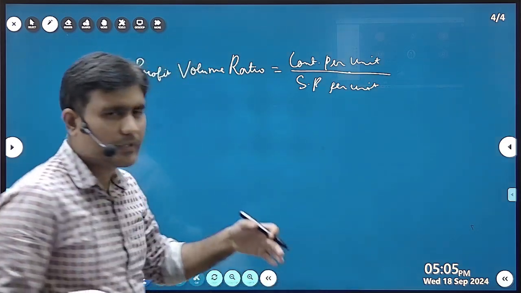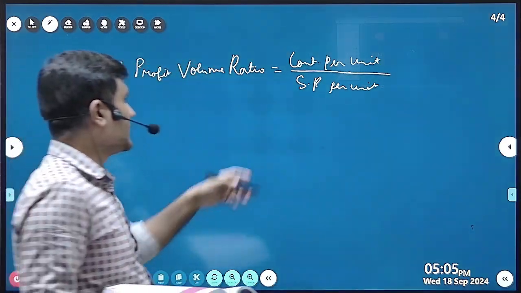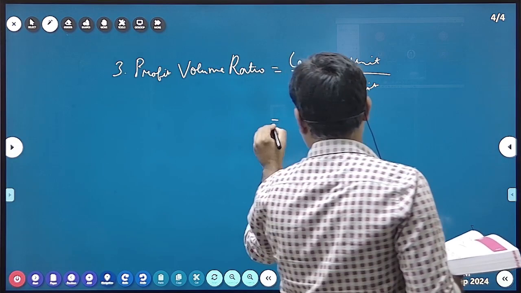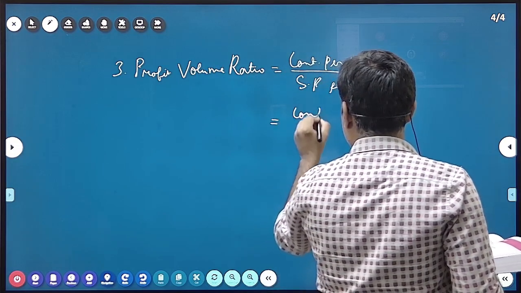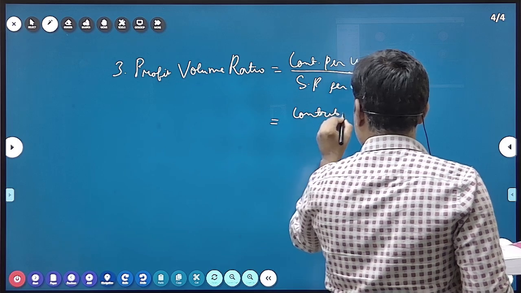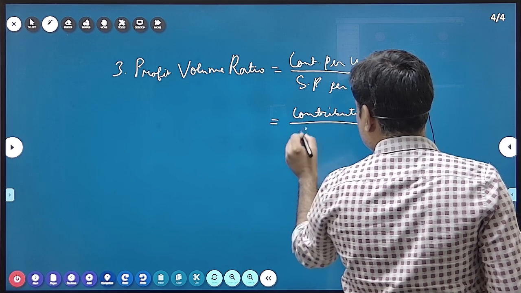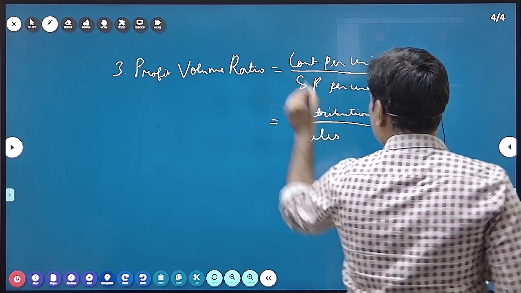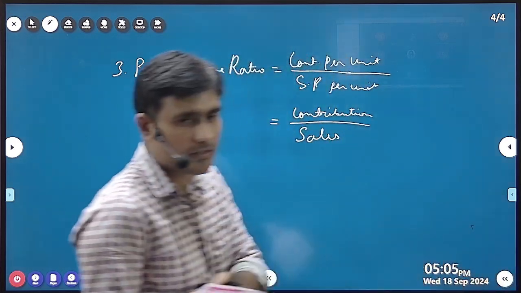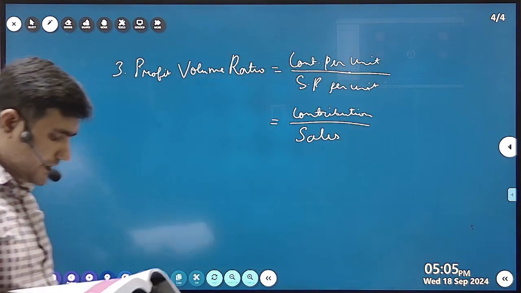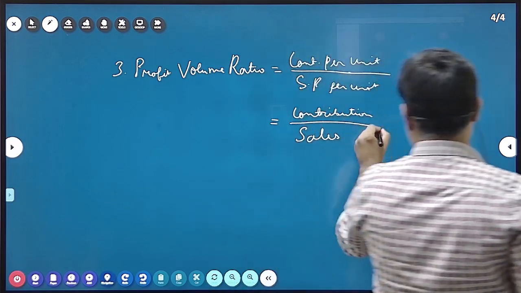It can also be derived from various other related formulas. Contribution by sales. Here we had per unit, now here it is contribution by sales into 100.